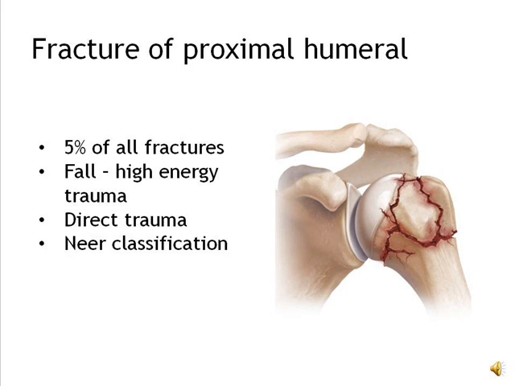In younger patients, high energy trauma is a more frequent cause, and the resultant injury is more devastating. Additional mechanisms include violent muscle contraction from seizure activities or electrical shock and athletic injuries. Finally, a direct blow to the proximal humerus, the head, may also lead to fracture.